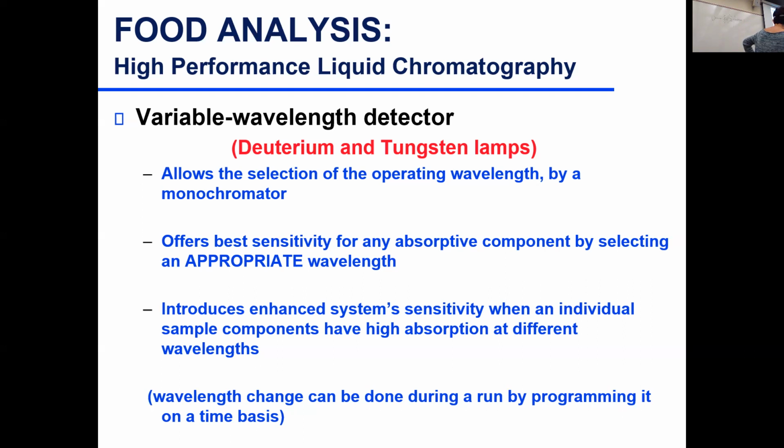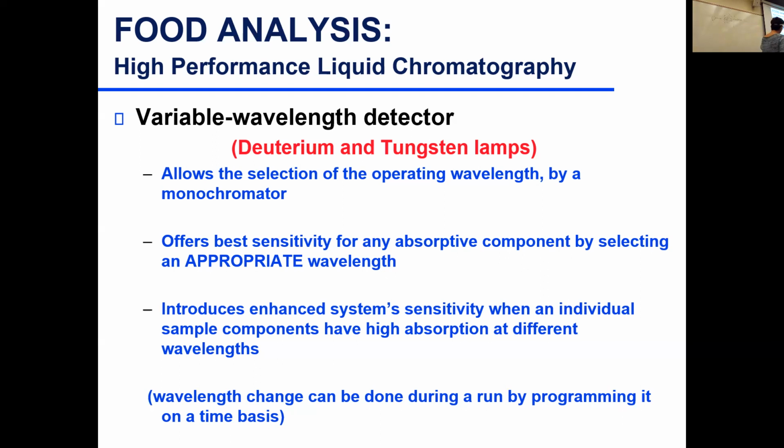Sometimes you have a variable wavelength detector that is a little bit advanced. It's called variable because you can select the wavelength. Sometimes you have a fixed UV-vis detector, where you can only measure at one particular wavelength. These are very old detectors. We don't get them anymore.